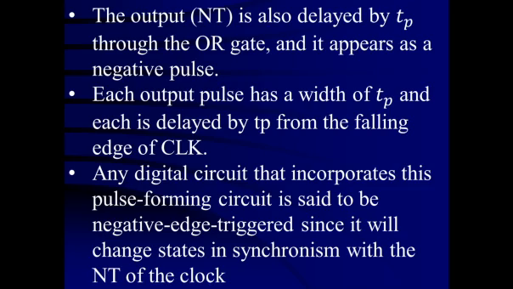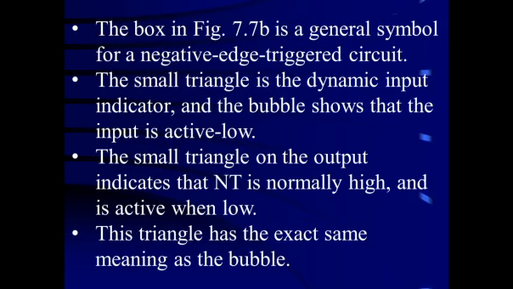Any digital circuit that incorporates this pulse forming circuit is said to be negative edge triggered, since it will change state in synchronism with the negative transition of the clock. The box in figure 7.7b is a general symbol for a negative edge triggered circuit.